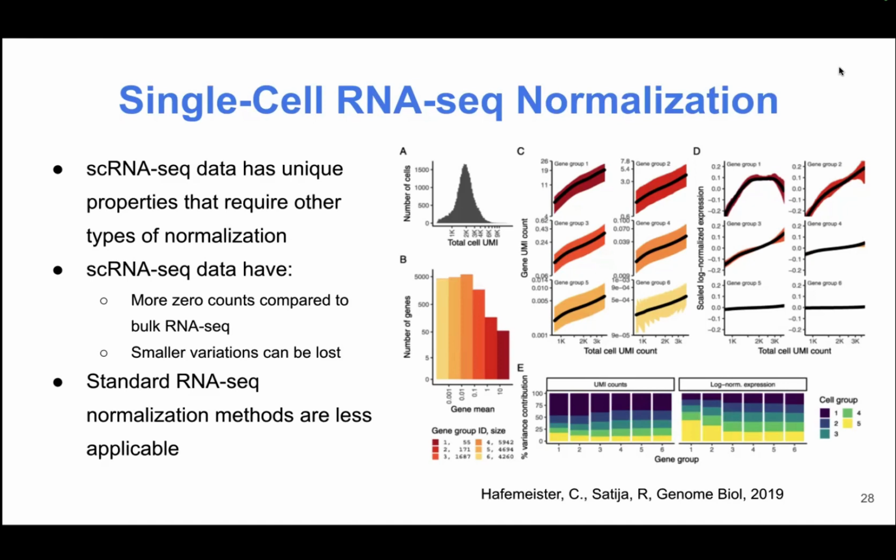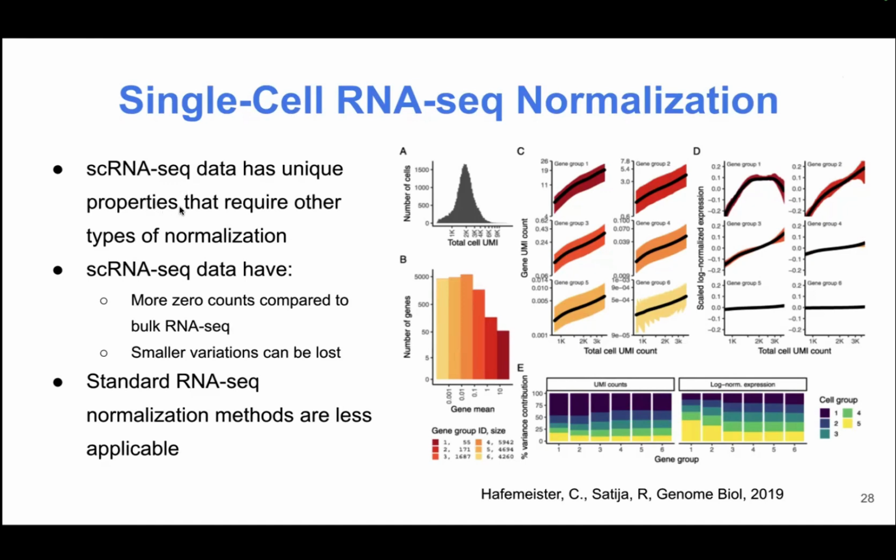This means that our methods that we've discussed already are somewhat less applicable, and we need to take these into consideration. Here on the right, we're looking at a figure from a paper which is trying to illustrate exactly that concept, that typical RNA-seq data analysis won't work as well for single-cell data.